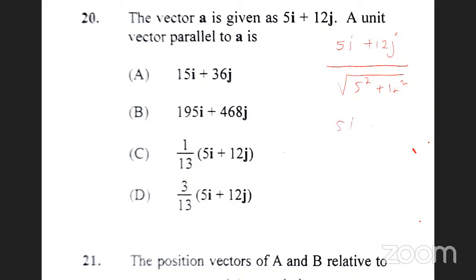So you'll get 5i plus 12j all over 13. What's the answer then? C. Yes, the answer is C.